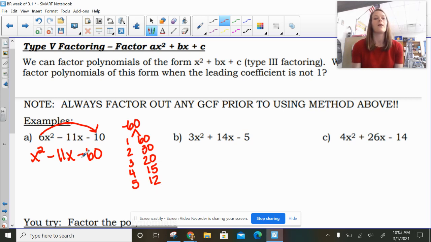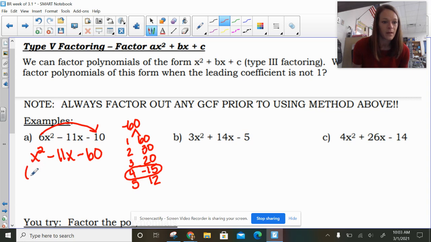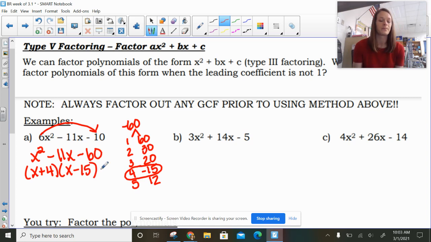Now I want to be able to subtract these to get this negative 11. The only way I'm going to be able to do that is using this 15 and the 4. The 15 will have to be negative in order to get a negative 11. So this will give me x plus 4, x minus 15.